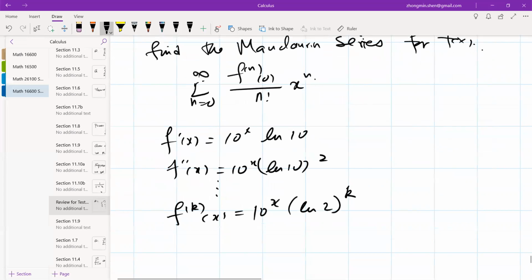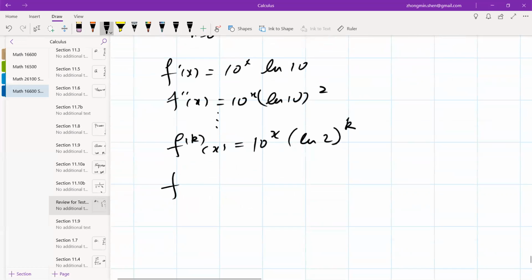Okay. So it's easy to figure out the general formula, then you can get 10 to the 0 times natural log 10 to the power k.